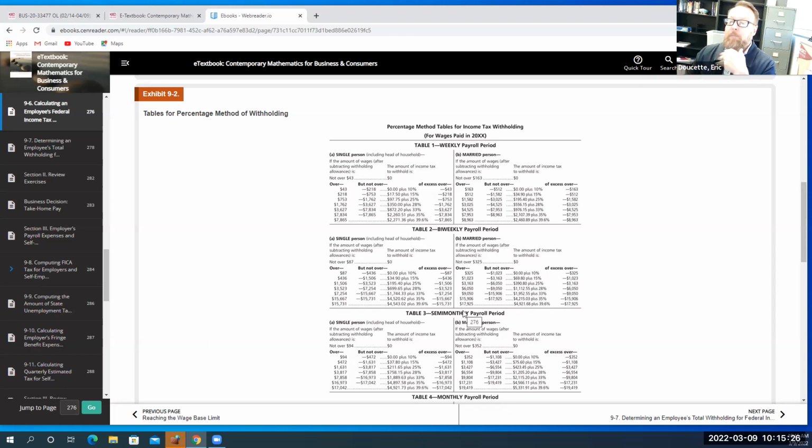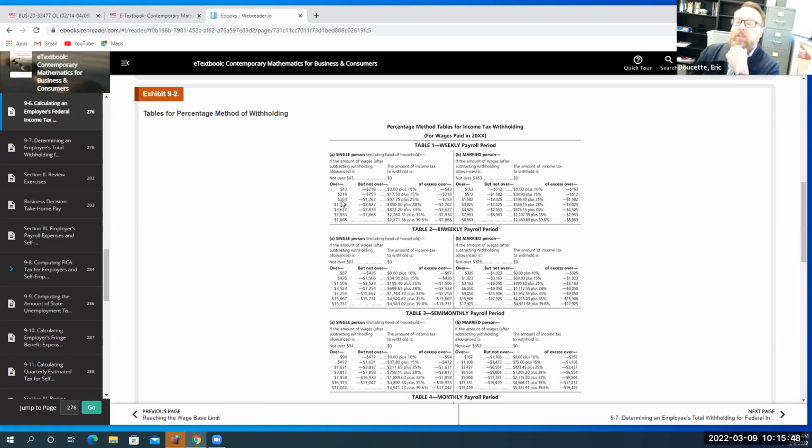So based on how they're paid, and then what is the amount of their income, that's right here, after you've taken out the withholdings, whatever that might be, if it's 1 or 2 or 5, whatever is remaining of their total income that they brought in that week, you go off of this chart to figure out what their additional tax is going to be.